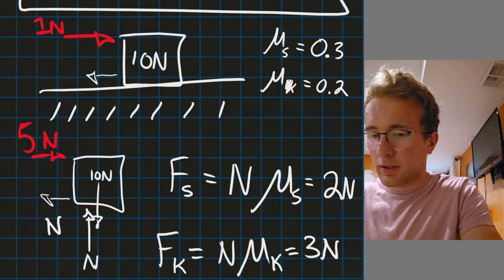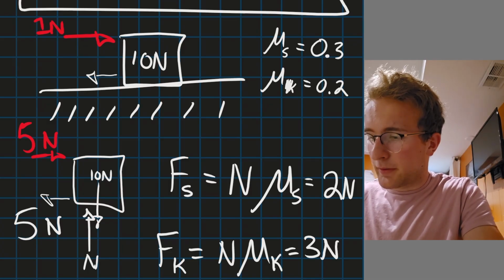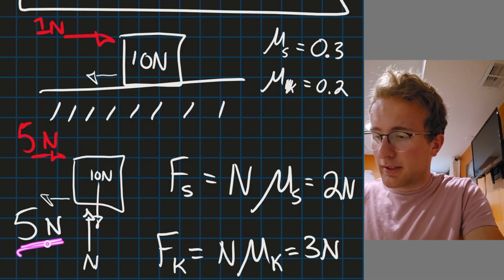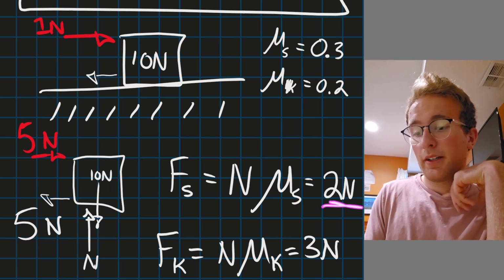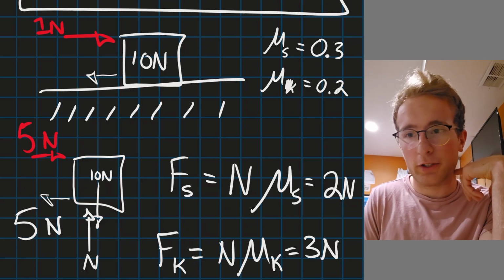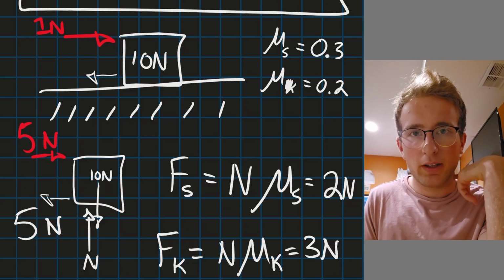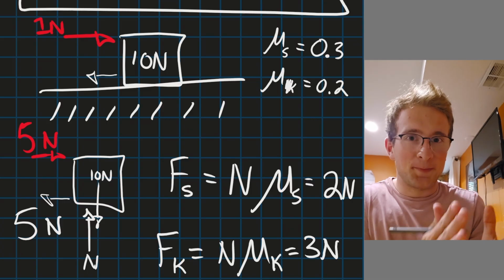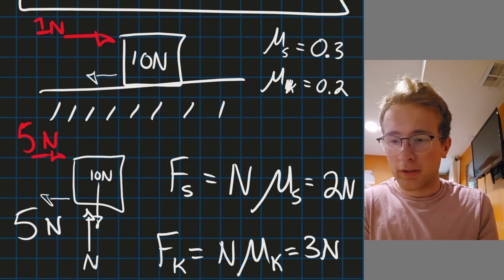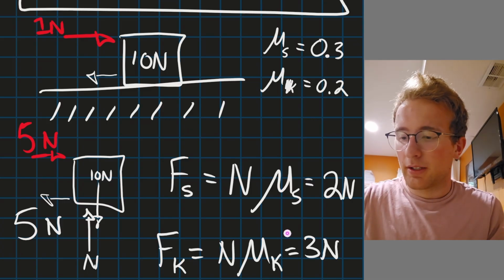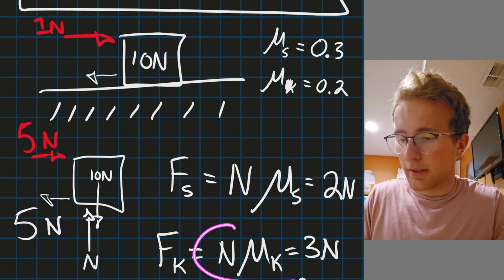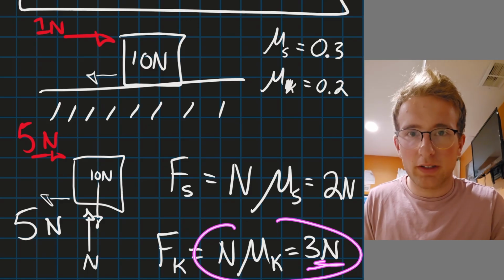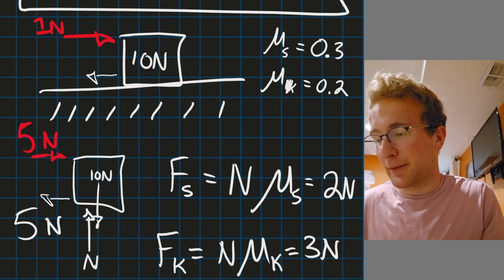If the amount of static friction needed is greater than the maximum amount of static friction that there could be, then the object is going to start moving. And if it starts moving, now you look at kinetic friction, calculate the amount of kinetic friction, so 3 newtons here, and that is how much kinetic friction there is.